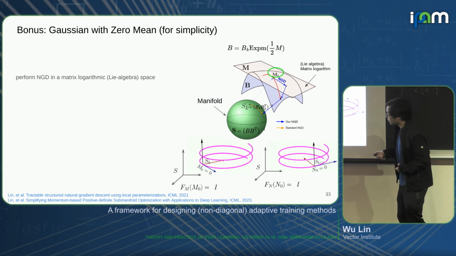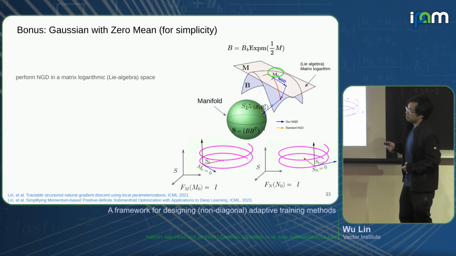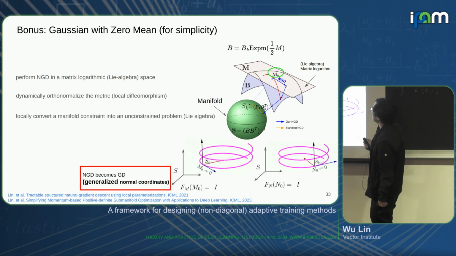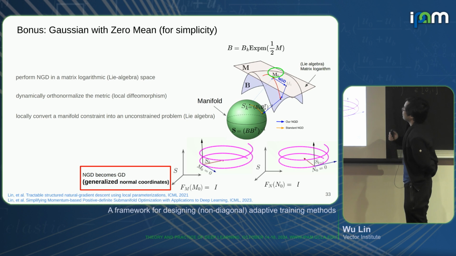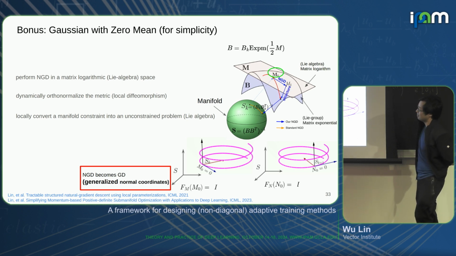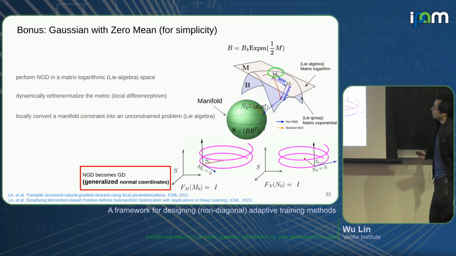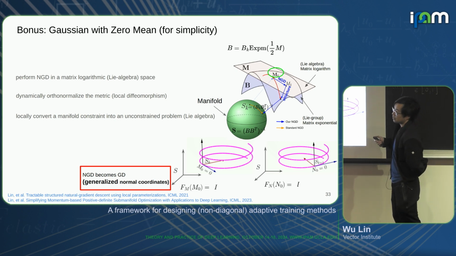Because the Fisher information matrix becomes the identity matrix, natural gradient descent becomes gradient descent in this coordinate system. Then we just project it back to this space. Because this is the matrix exponential map, we can guarantee that the updated B is always a non-singular matrix.